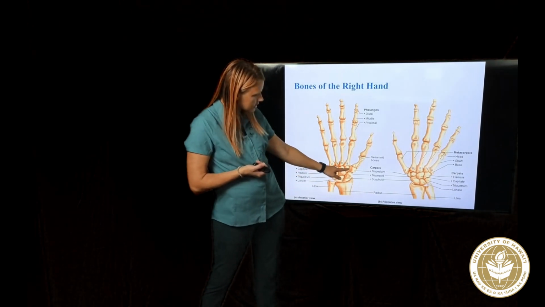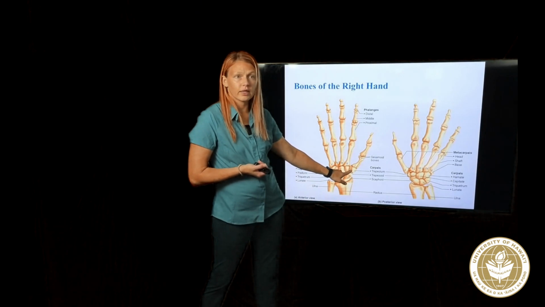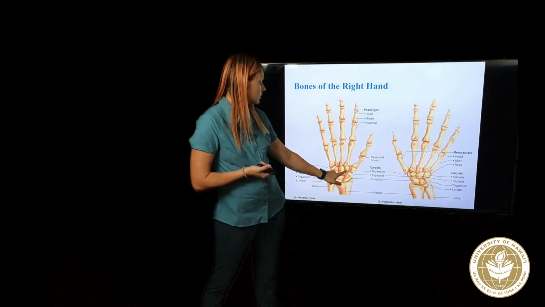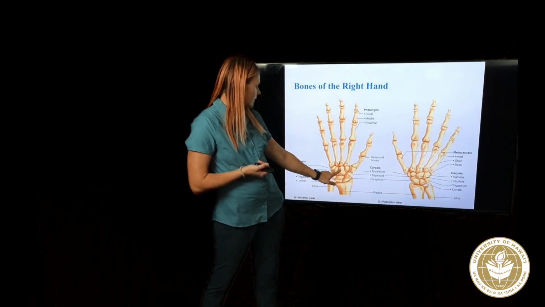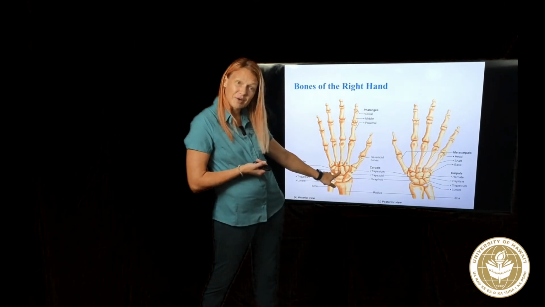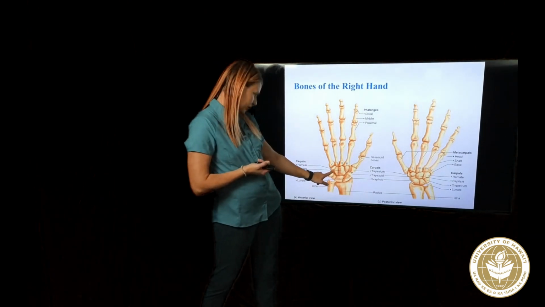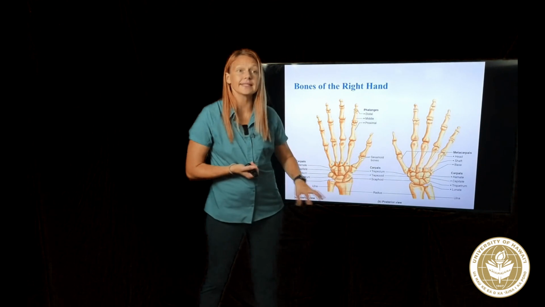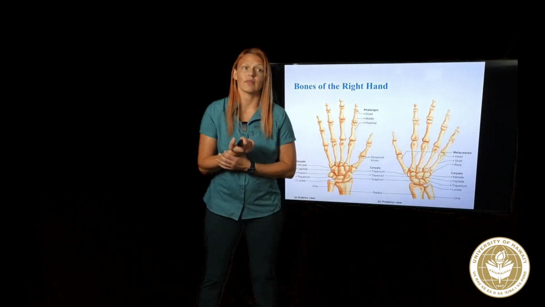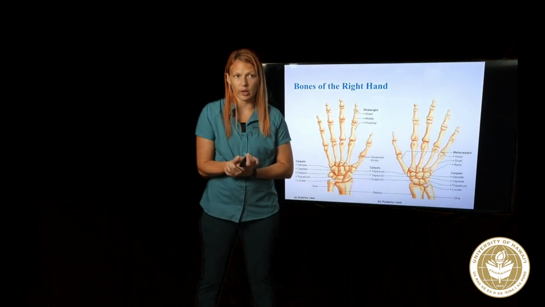Then in the distal row, you start right here with your trapezium, trapezoid, capitate, and your hamate. Those are the 8 different bones in our wrist, or our carpus.